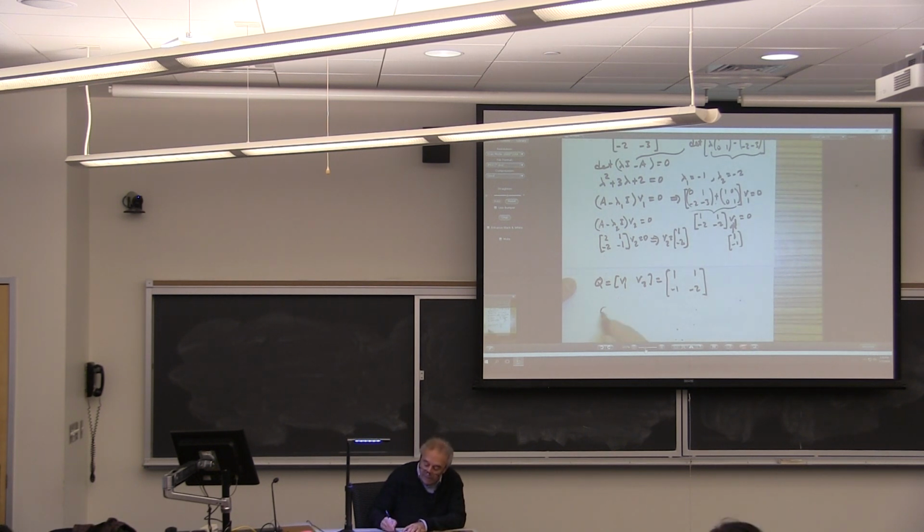Now, believe me, if you take Q inverse AQ, that becomes the matrix A hat, which has the diagonal elements minus 1, minus 2, 0, 0. Is that clear?